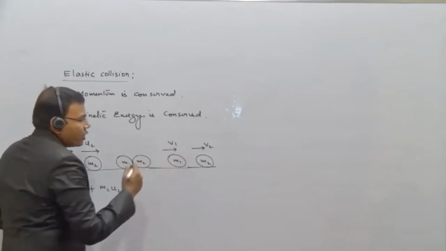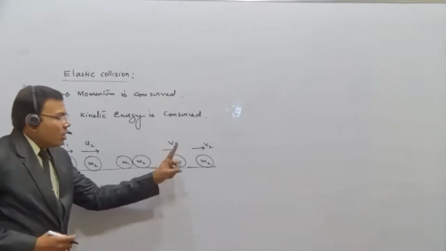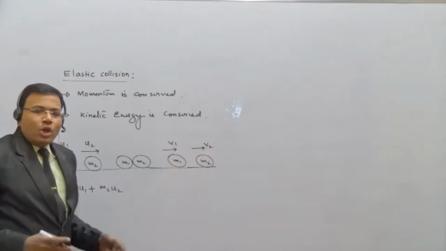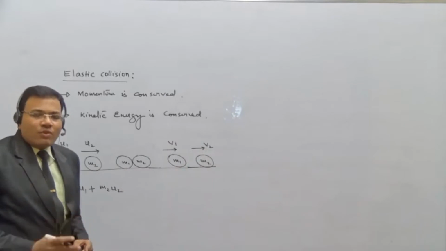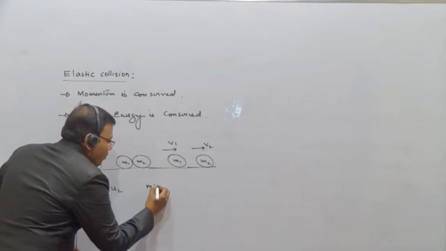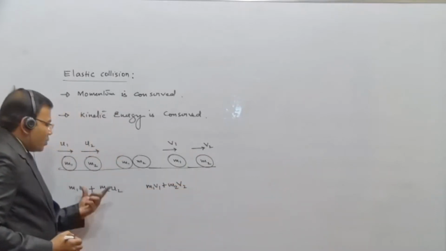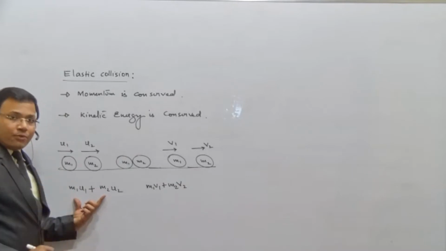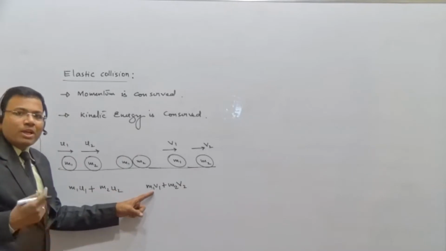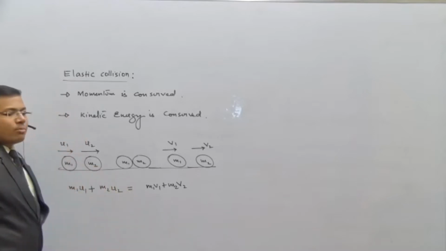After collision, the momentum of the first body is m1 v1 and of the second body is m2 v2, so the total momentum is m1 v1 plus m2 v2. For the elastic collision, both must be the same.